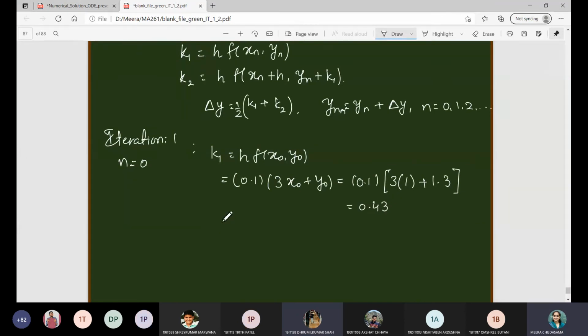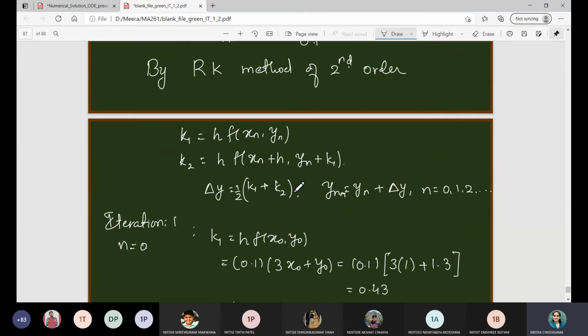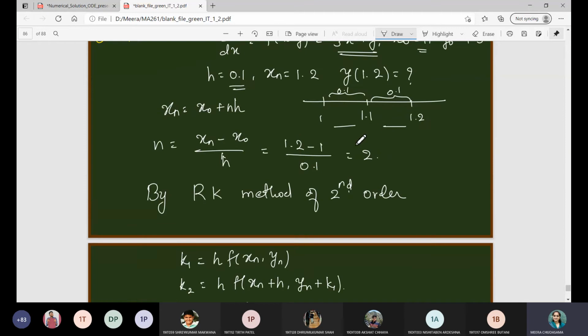Yes, 0.43. Similarly, you can compute k2, which is h f at x0 plus h, meaning x1, and y0 plus k1. x0 plus h is nothing but x1. I have not written x1 over here.